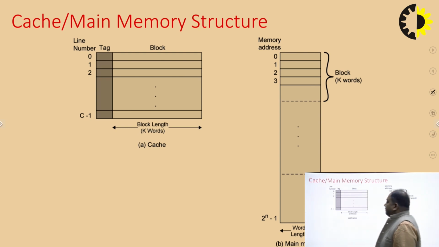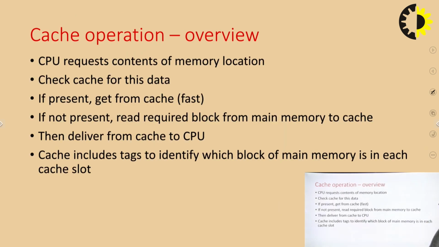The tag size depends on the mapping of the cache memory to the main memory, and the main memory contains blocks, and each block contains the words which are required for the address reference.